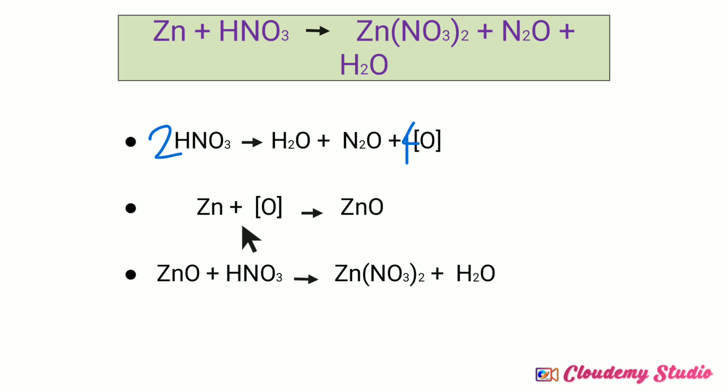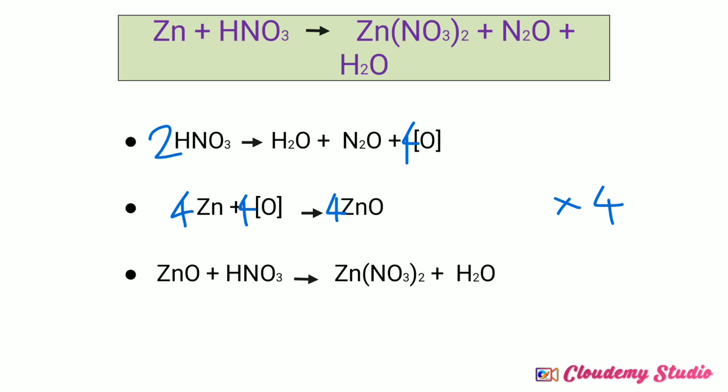Therefore, we need to multiply this equation as a whole by 4. So this zinc becomes 4 times, this nascent oxygen becomes 4, and this zinc oxide becomes 4 times.